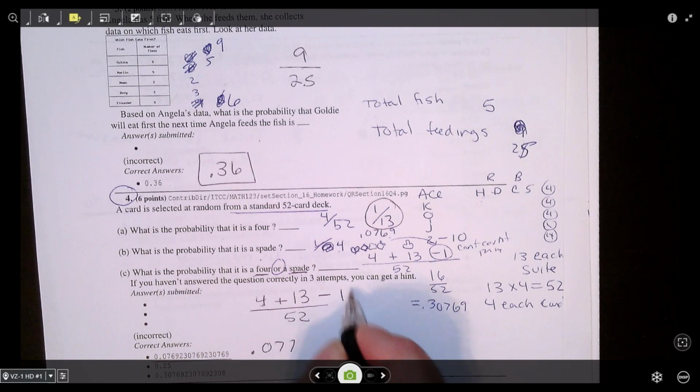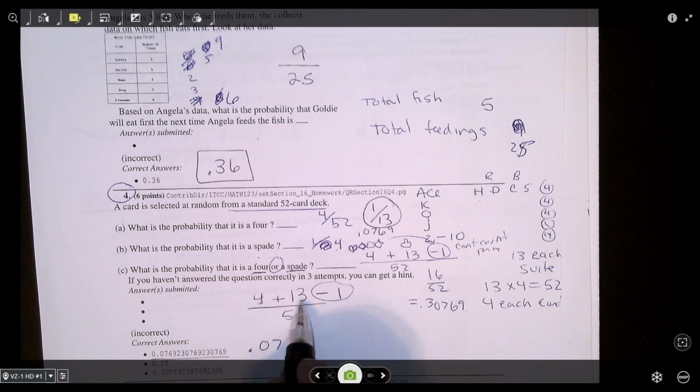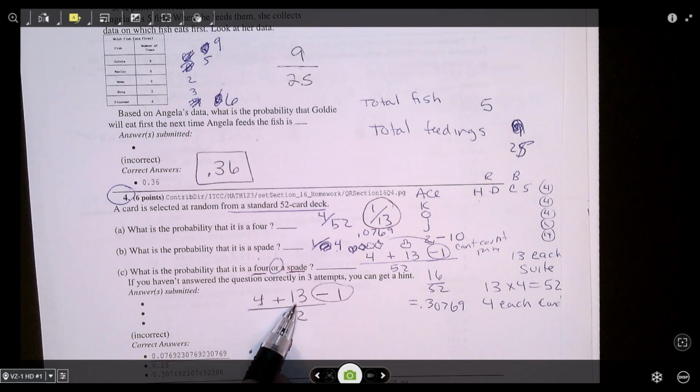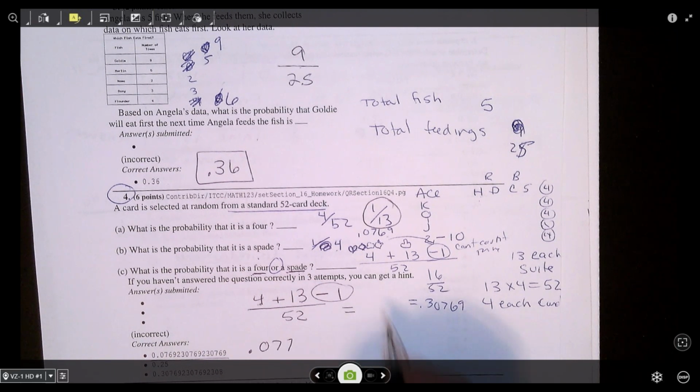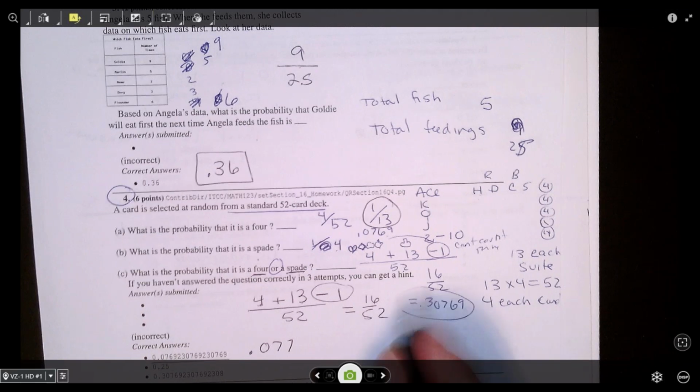So we have to subtract out one of those, or you could have just put a 12 here. You can't double dip. One of these 4s was a spade, so we can't count it in this group. So I'm just subtracting it out so we don't count it twice. That gives us 16 over 52.